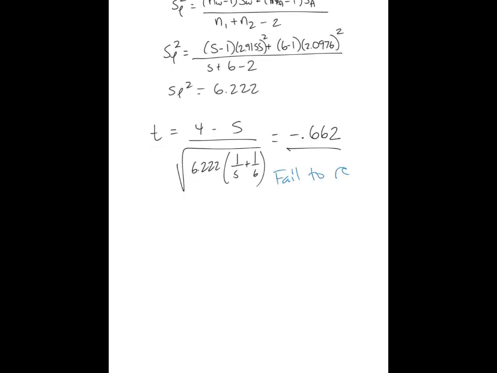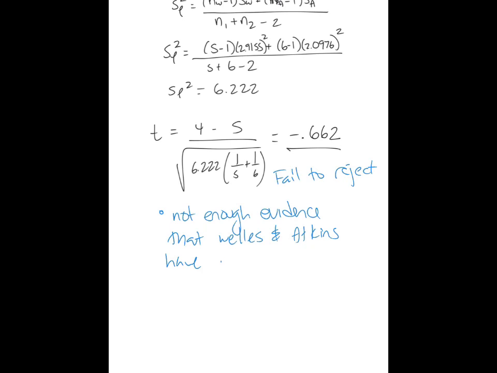So we fail to reject the null, and we conclude that there is not enough evidence that Wells and Atkins have different times for assembly.